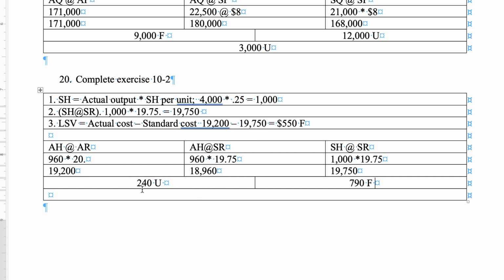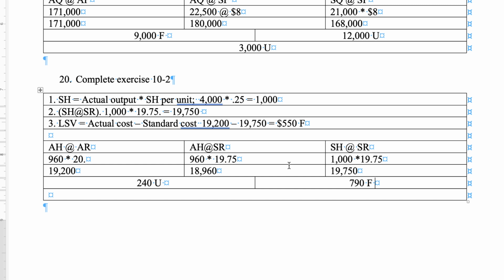For labor rate variance, we were unfavorable $240, but our labor efficiency variance is favorable by 790. The difference between those two gives us our 550 favorable. Okay, so if we analyze it, what happened?